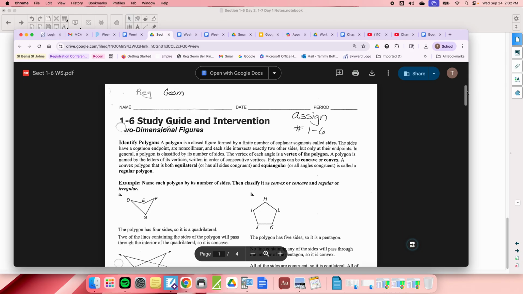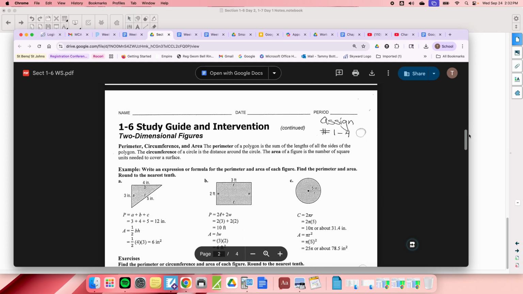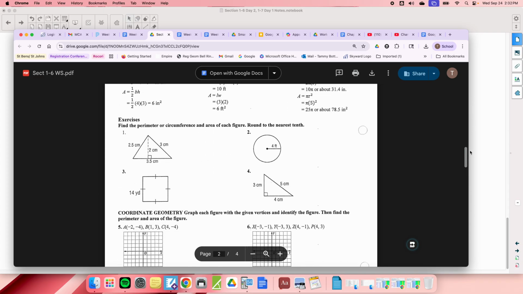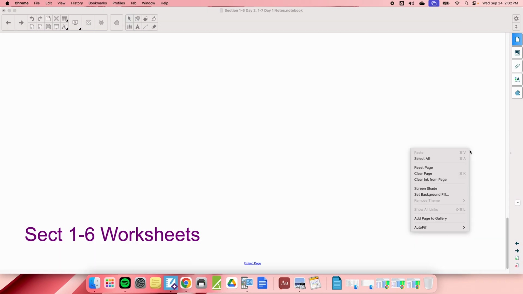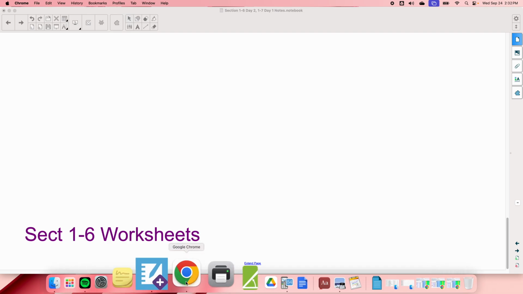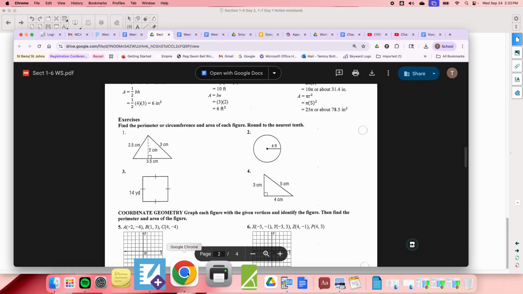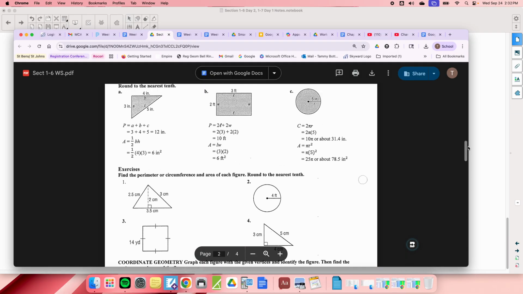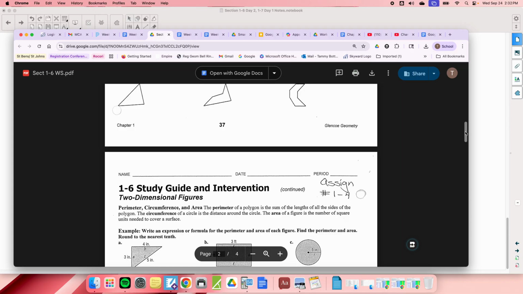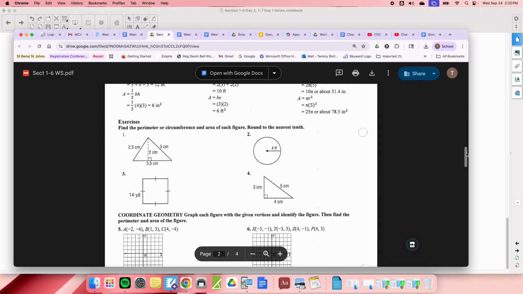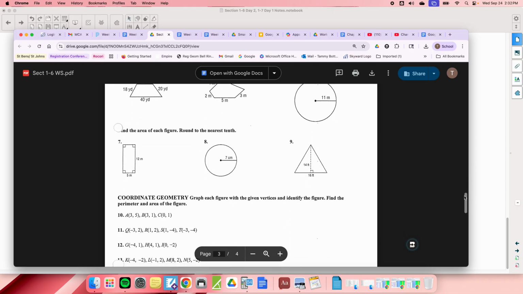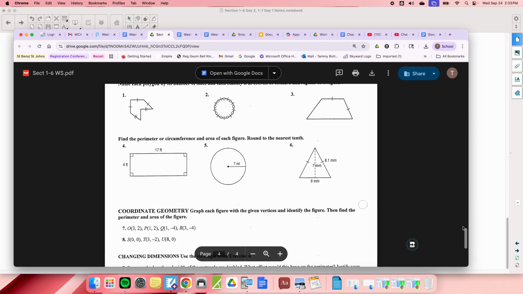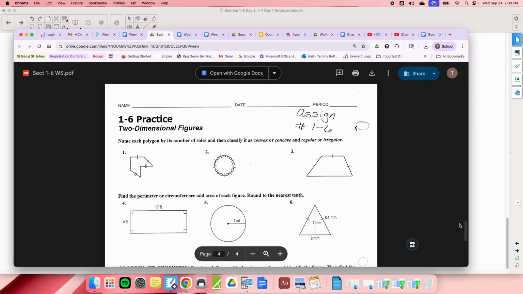You're gonna do 1 through 6 on this page. On this page, you're gonna do 1 through 4. So you're gonna look in the upper right corner as to which ones you're going to do. There's 4 pages, but there's not a ton on each one. So that is what you're gonna work on today.